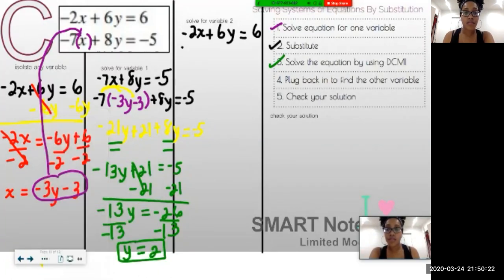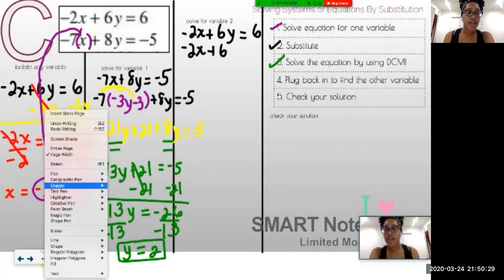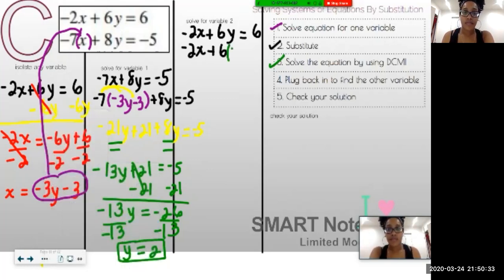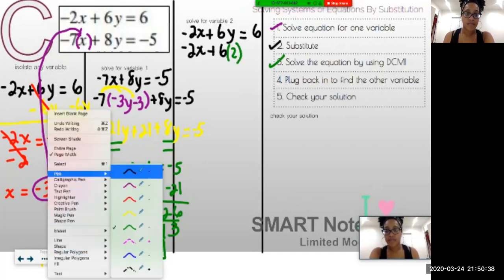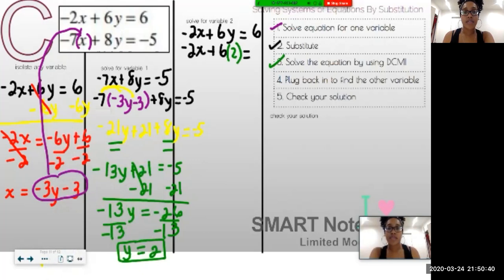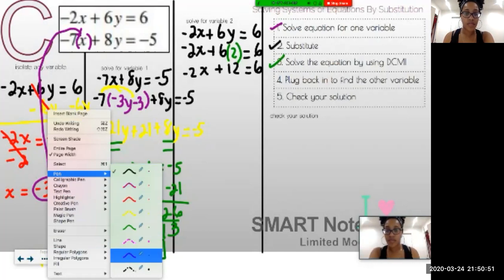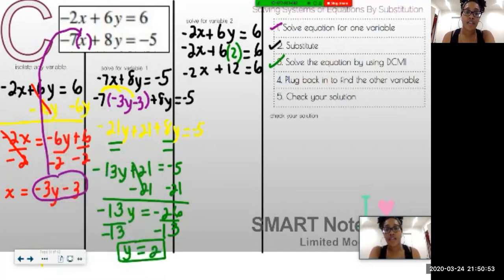So negative 2, we don't know what x is yet, plus 6 times, we just figured out that y is positive 2, and that's equal to 6. So negative 2x plus 12 equals 6. I'm going to use blue just so that we don't get confused with what's happening on the other side.